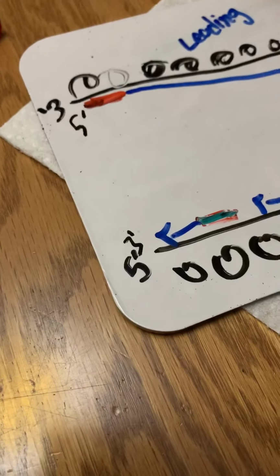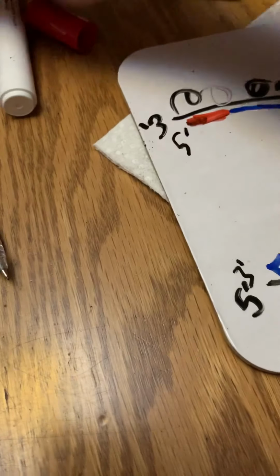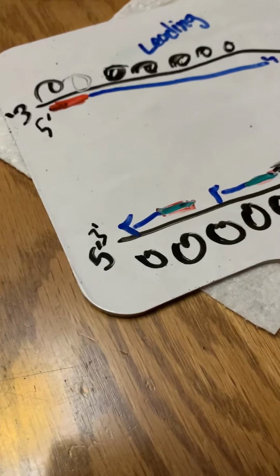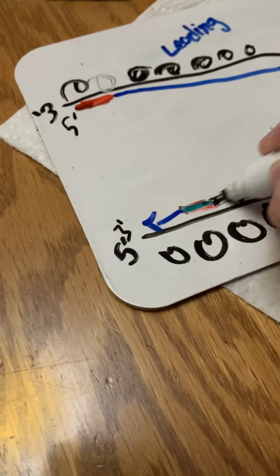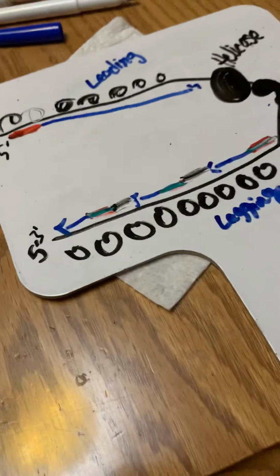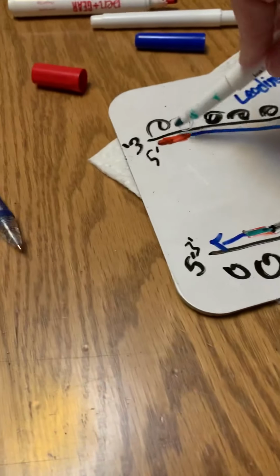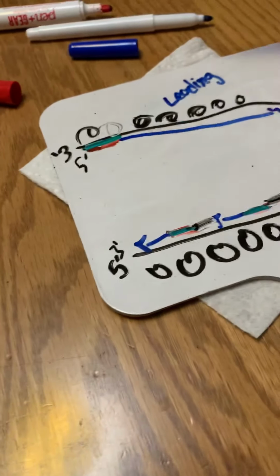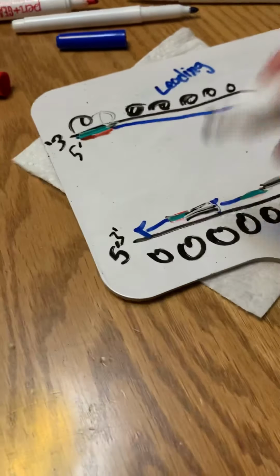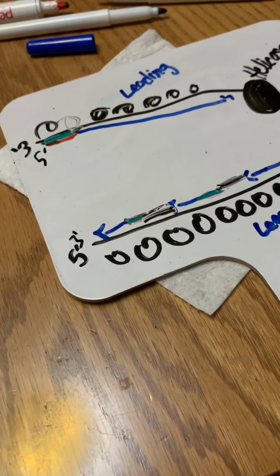I don't have another color, so we'll just use black. So now we're going to ligase these together. We forgot to remove the one up top, the polymerase 1, and now all these are bonded together.